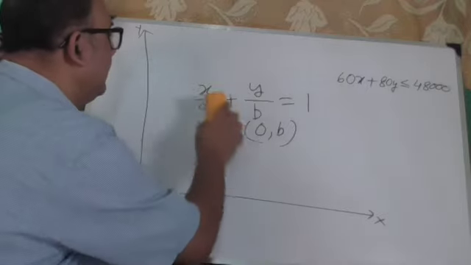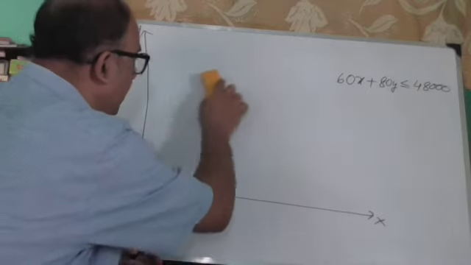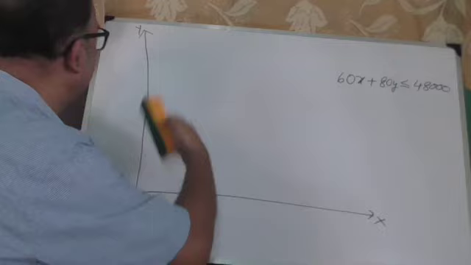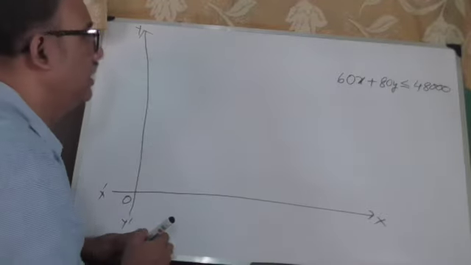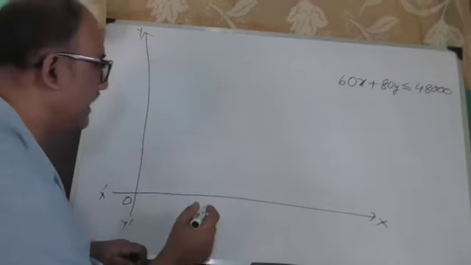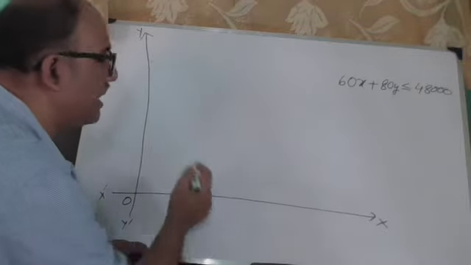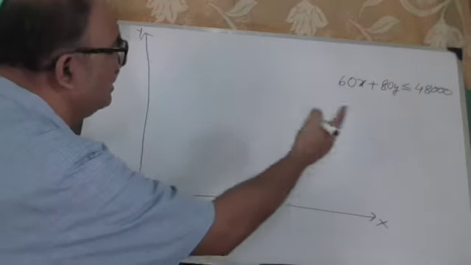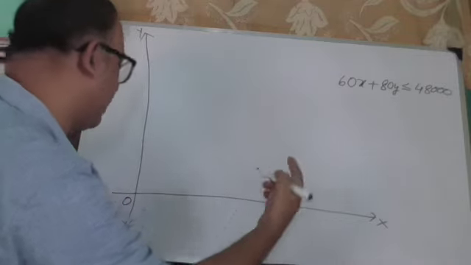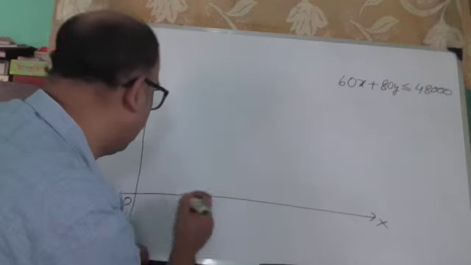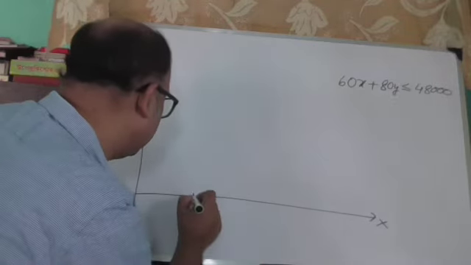But before that, let's indicate some scale on the x-axis and the y-axis. As you can see, the values will be around 1000 or 2000, so let's say 100 and 200.